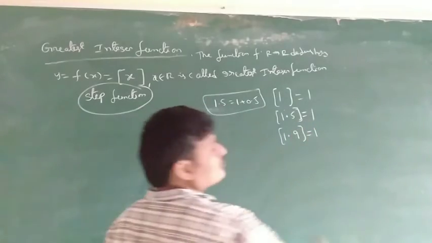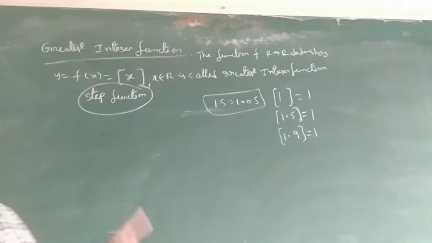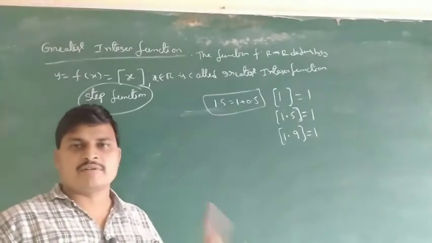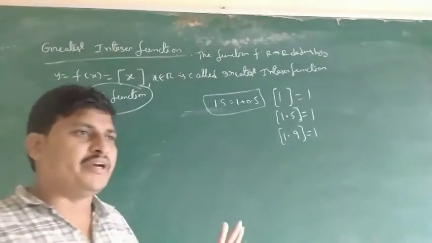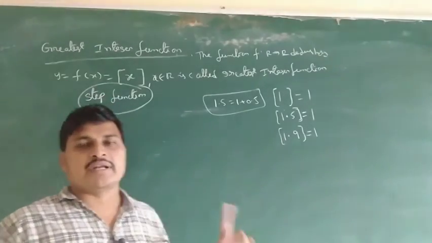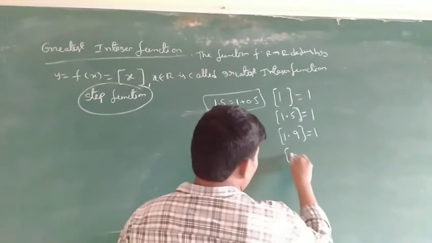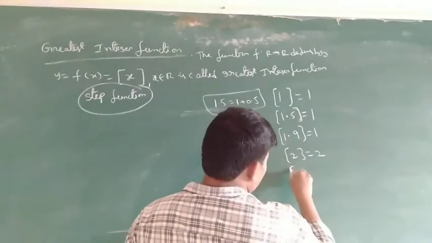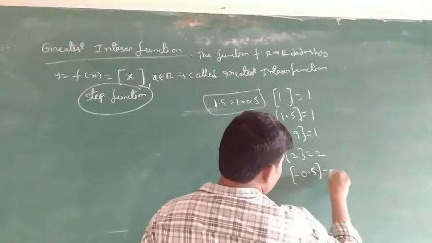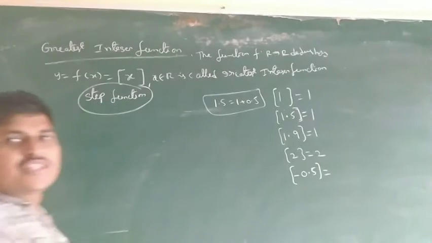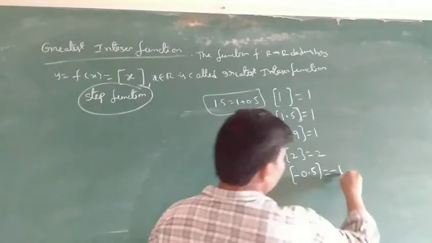So step of 1.9 is 1. Likewise 1.1, 1.2, 1.3, 1.4, 1.5, 1.6, 1.7, 1.8, any point 1 point something up to 1.9999, the step is 1. Step of 2 is also 2. Step of minus 0.5 is equal to minus 1.